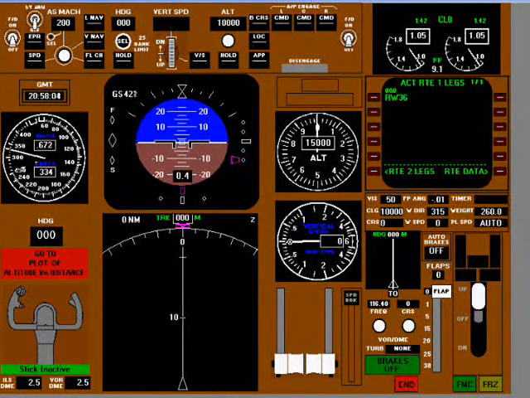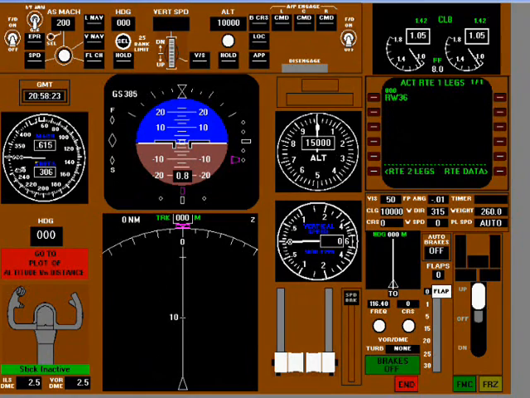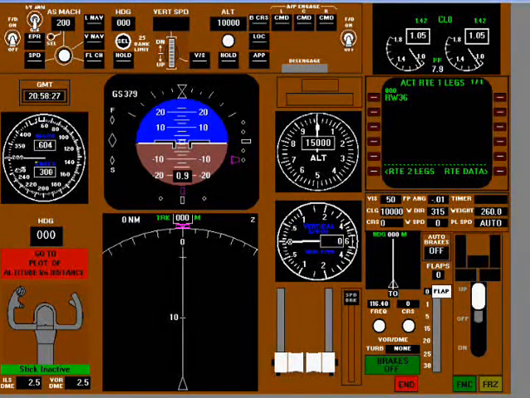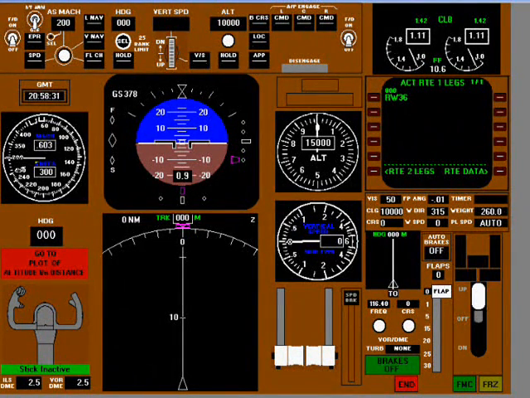And in order to maintain 15,000 feet, we will increase the pitch attitude as the airspeed decreases. And approaching 300 knots, we will increase the EPR setting. The airspeed now remains constant at 300 knots.